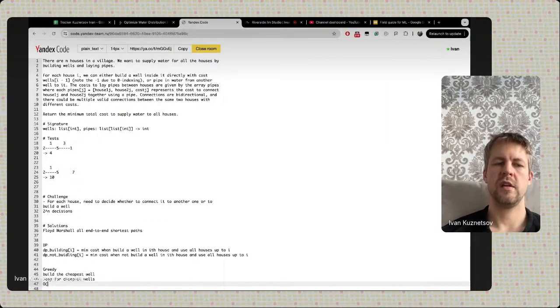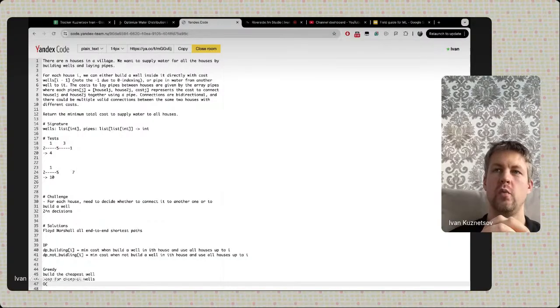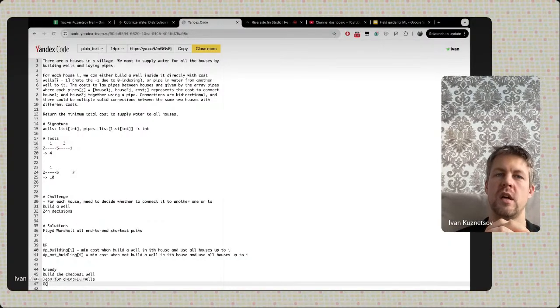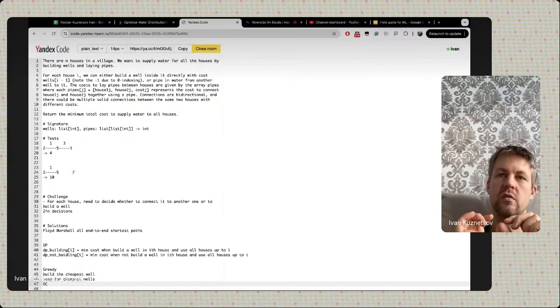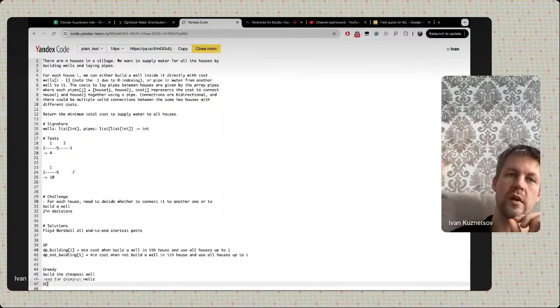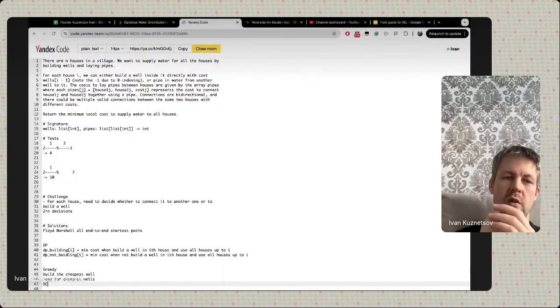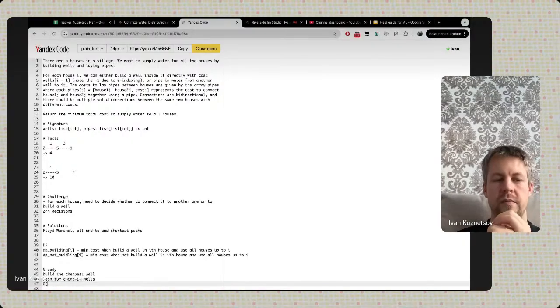It's as if it's a Dijkstra on a graph where we start at an outside node, and this node is connected by the price of well building to all the other nodes, but all the other nodes are also connected one to another, and we consider this bigger graph, and that's why all of the nodes are already in our frontier when we start, because all of them are neighbors of this outsider node.